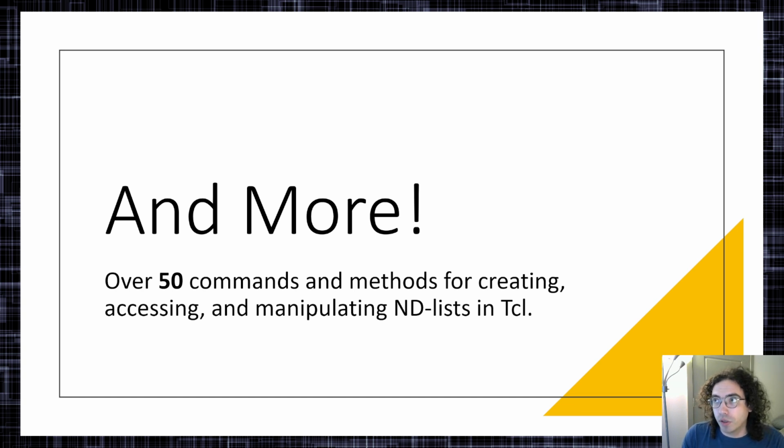There's also more mapping commands and functional mapping commands. There's a lot there, as well as some specific things for vectors and matrices, like basic statistics, like max, min, mean, standard deviation, as well as for matrices, there's stuff like transpose, matrix multiplication, those sorts of things.